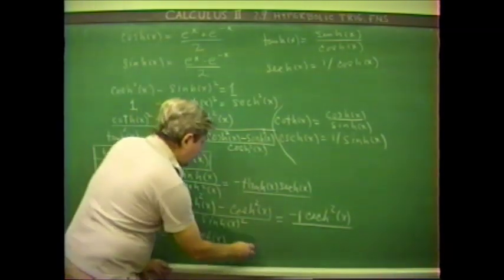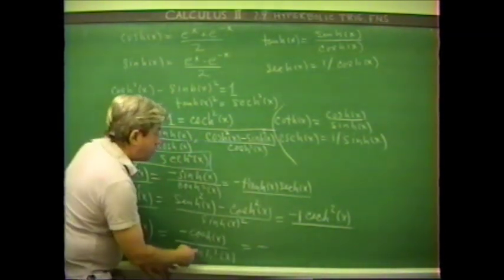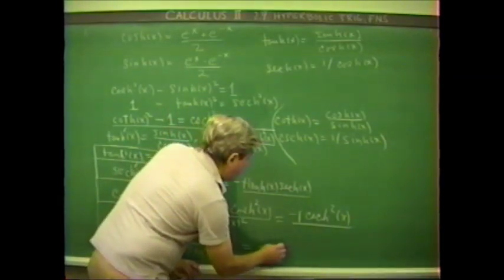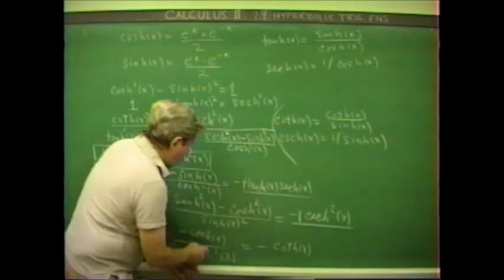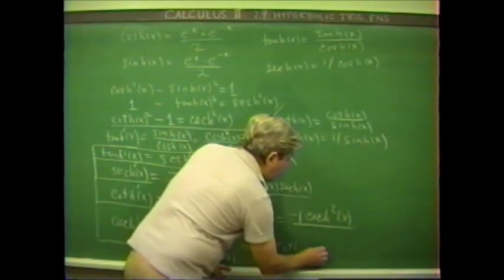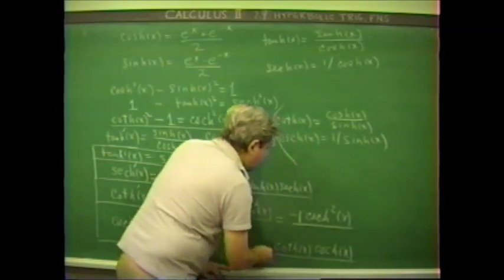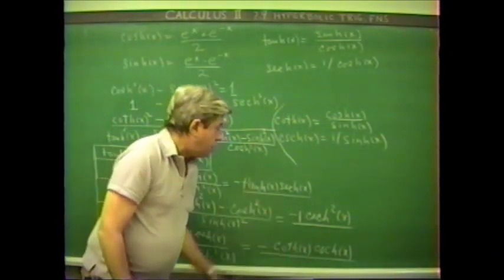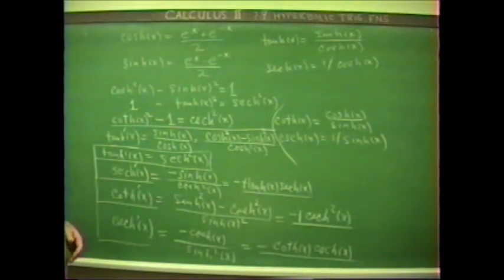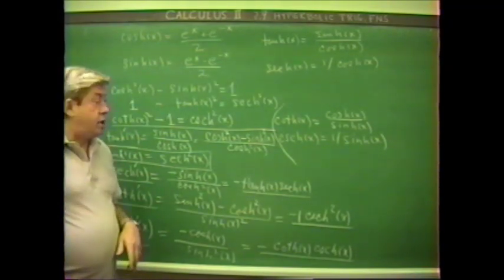This is usually written as minus cosine over sine, hyperbolic, which is cotangent, and 1 over sine is cosecant, hyperbolic. So the derivative of the hyperbolic cosecant is minus hyperbolic cosecant cotangent. So again, the similarity. These are the other hyperbolic trig functions and their derivatives.